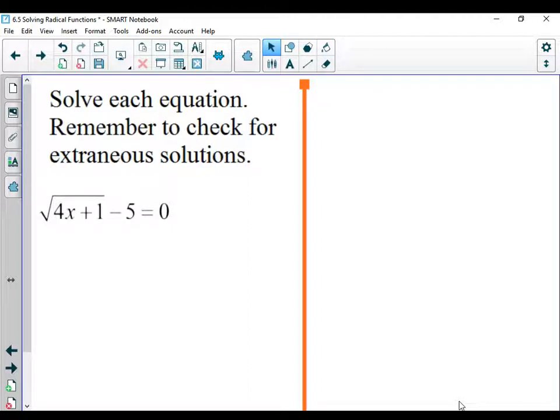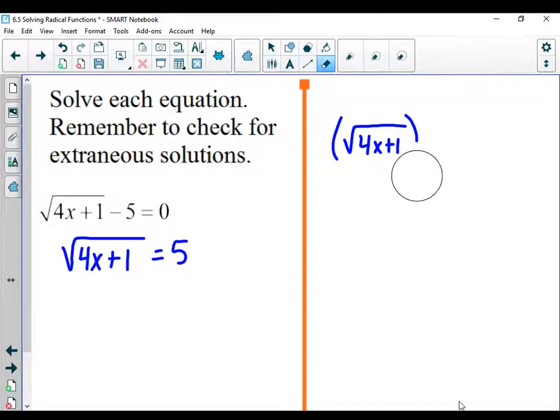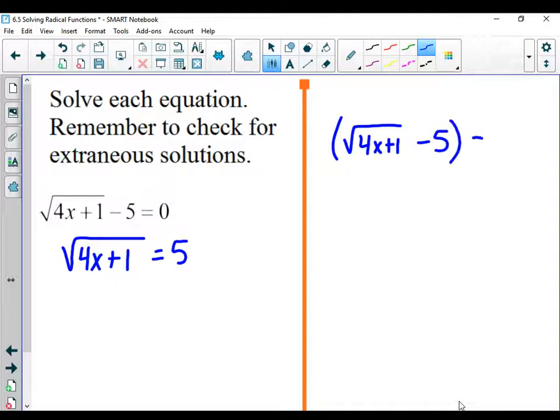Okay, so I isolate the radical by adding 5 to both sides. Let me just give you a glimpse into if you did not, okay? If you just went ahead and squared both sides, which I feel like if you're someone who does square both sides, you probably wouldn't do this right anyways.